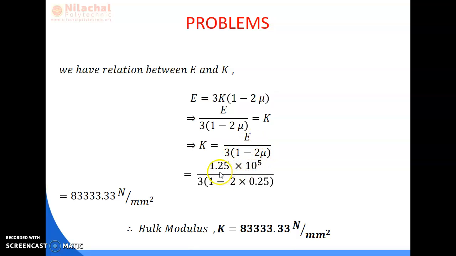Now the E value is 1.25 into 10 to the power 5 and the mu value is 0.25. From this we can calculate K as 83,333.33 Newton per mm square.